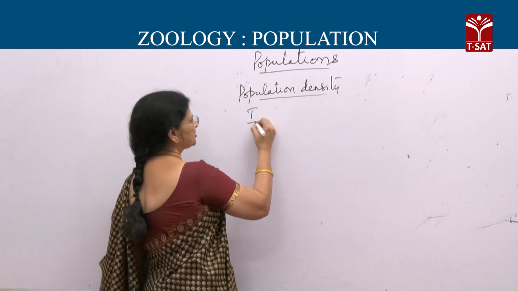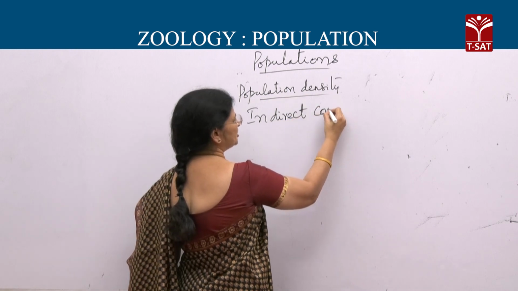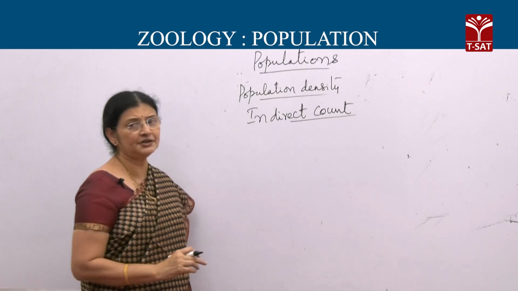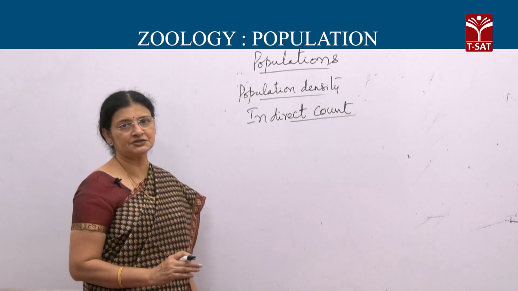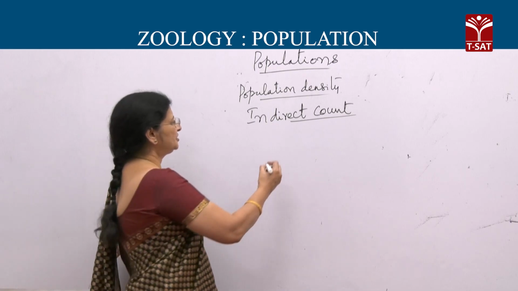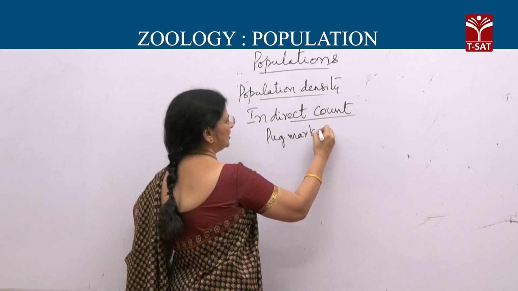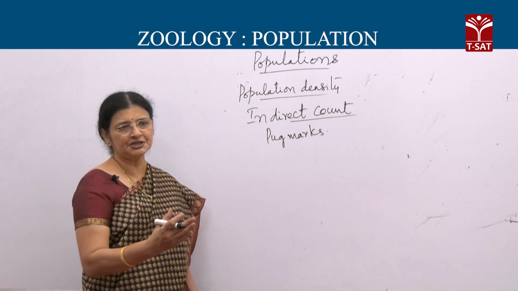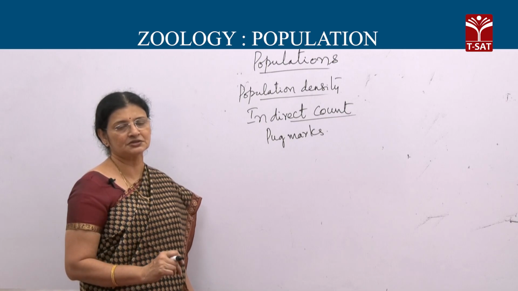Sometimes indirect count will be there. Generally, they do this to find out the density of wild animals like elephants and tigers. They see the pug marks, the footprints. Generally near the water sources, they count these pug marks.